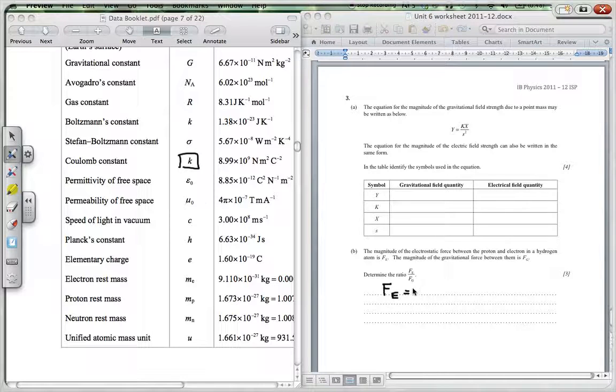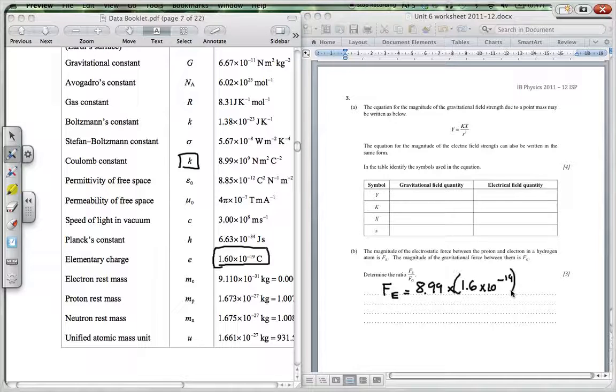It's going to equal 8.99 times q1, and this is the elementary charge. Now this is the charge on both the proton and the electron. One is positive and one is negative, so it's going to be 1.6 times 10 to the negative 19, and it's going to be squared.